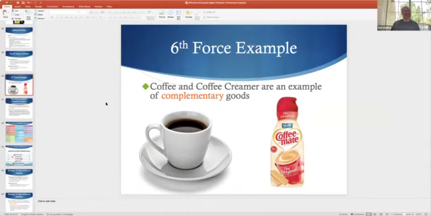Very good. Thank you. Well, because I love you guys so much, what I've done here is added something that you can put in your final paper that makes your paper a little bit more robust, having to do with 5 forces analysis. Because for your final paper, I'm asking you to analyze the industry in which your company is competing and determine whether or not any of the 5 forces exist. So here's what I have for you.